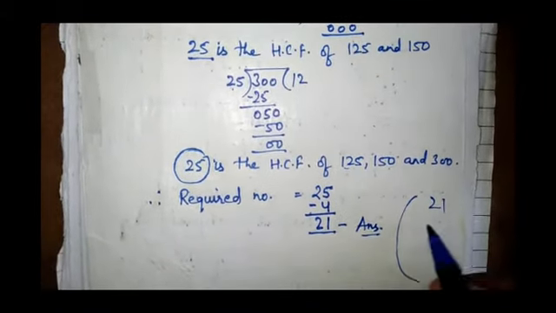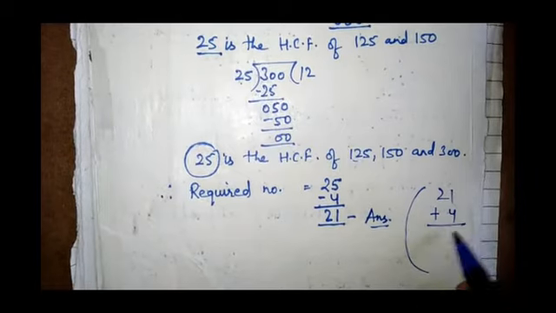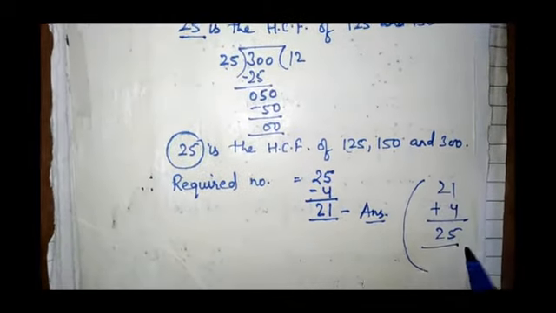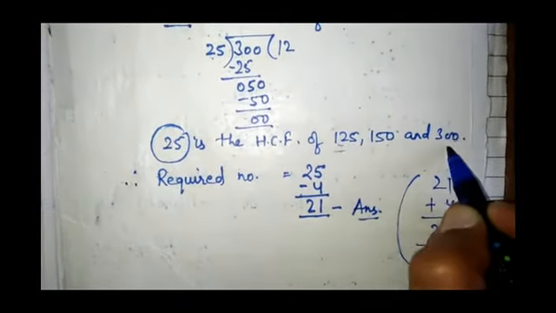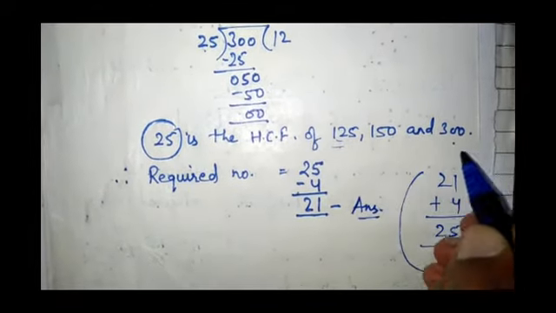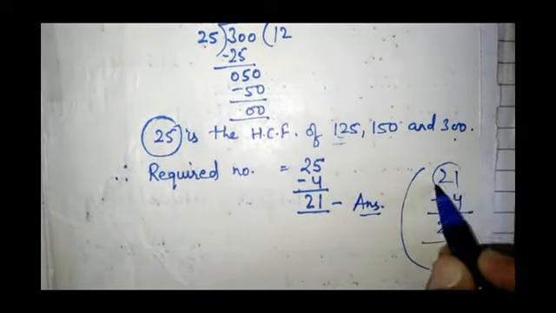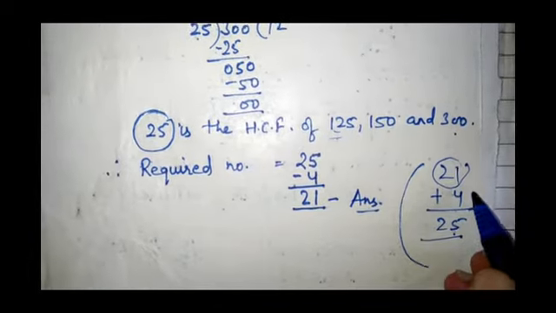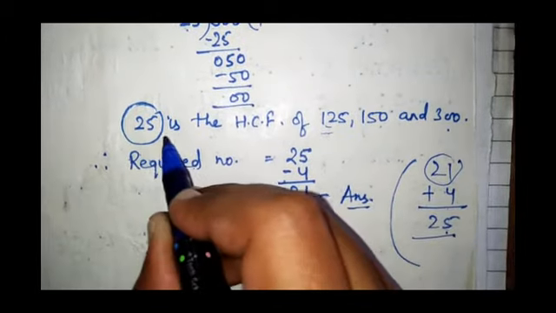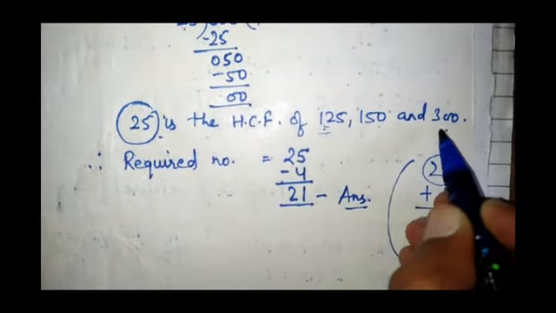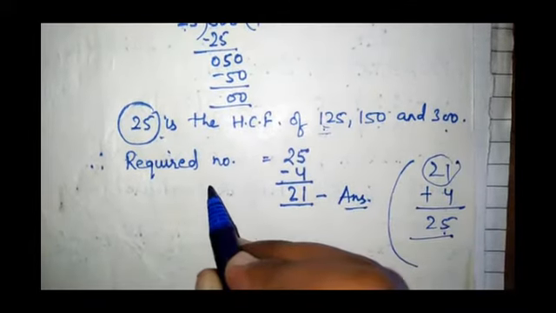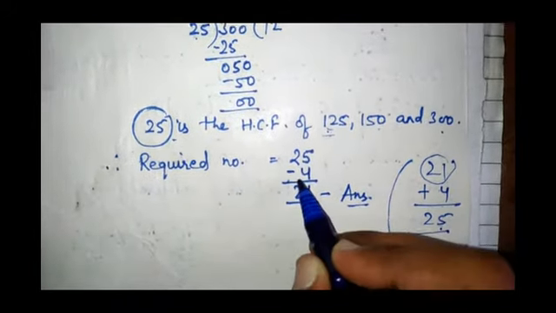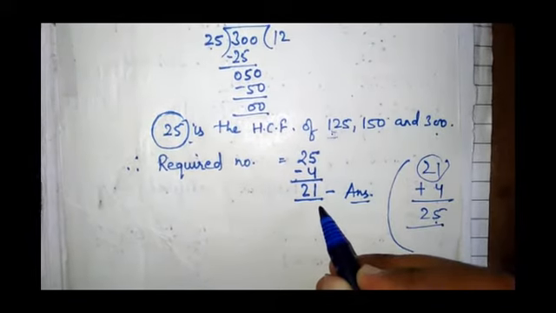When we increase it by 4, that means plus 4, this becomes 25. So then only it will divide these three numbers exactly. Okay, have you understood? The number is 21. When increased by 4, it becomes 25, and then only 25 divides these three numbers exactly. So in order to find the required number, we have to subtract 4 from 25.